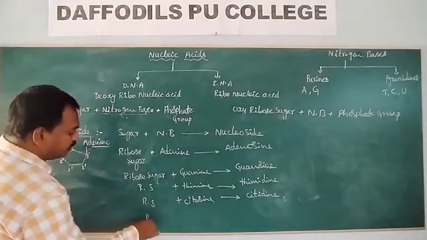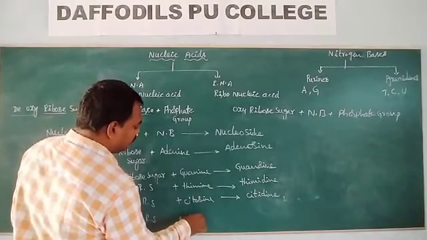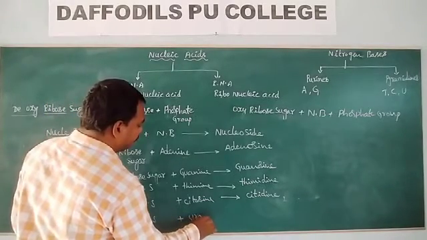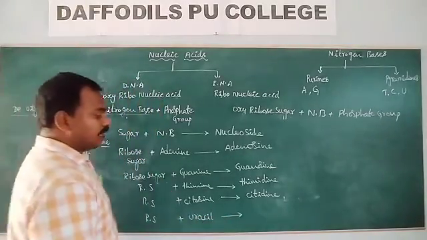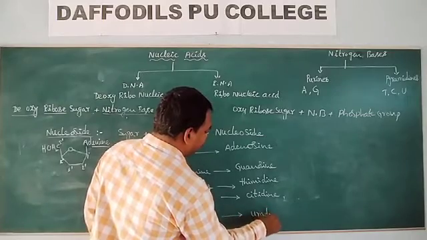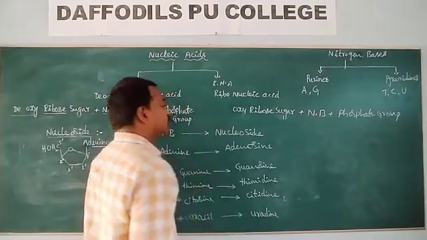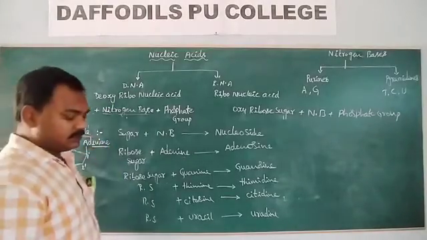When ribose sugar is bonded with uracil, the nucleoside is known as uridine. So these are the nucleosides.